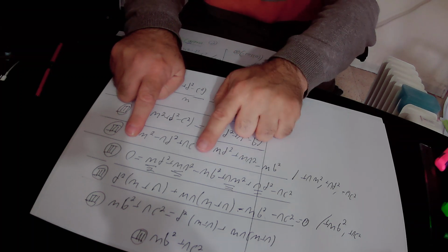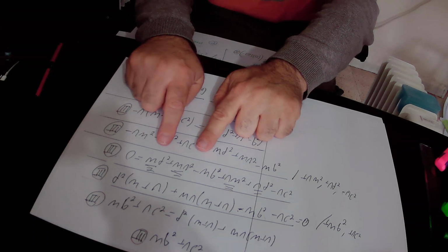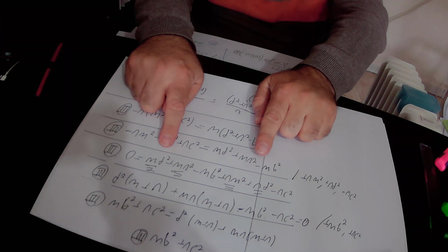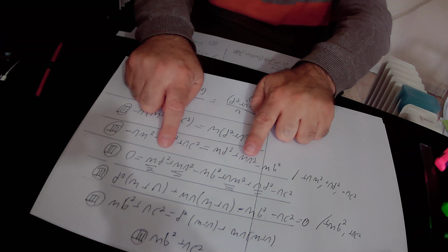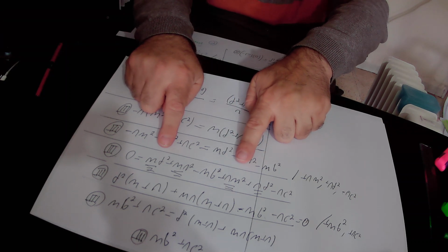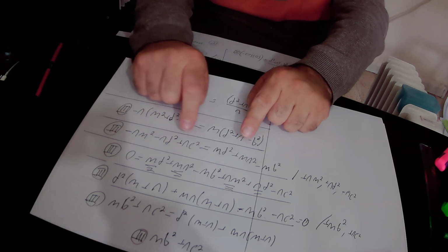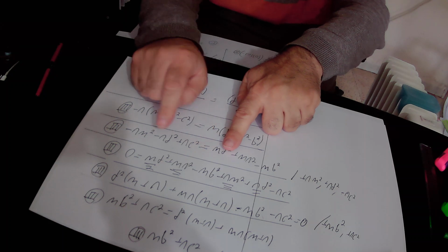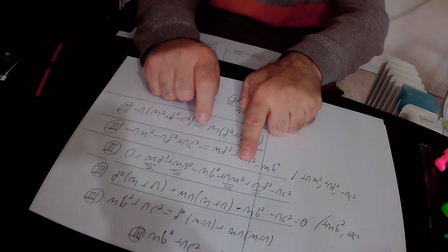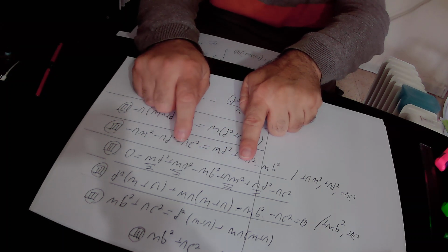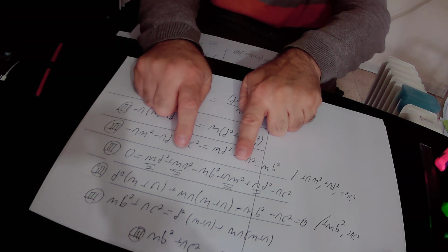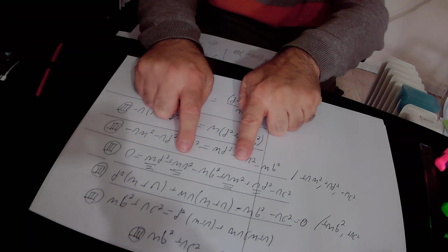And then we took d squared as a common factor. We took out d squared as a common factor from md squared and also from nd squared. So inside the brackets we are left only with m plus n. Then we took mn as a common factor from mn squared and also from nm squared.